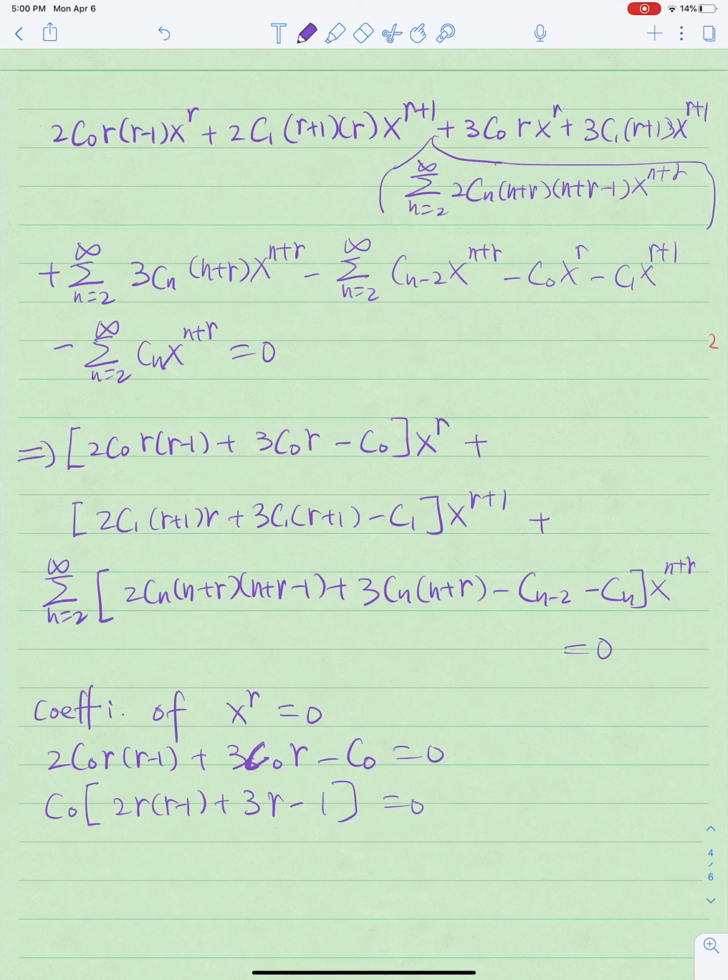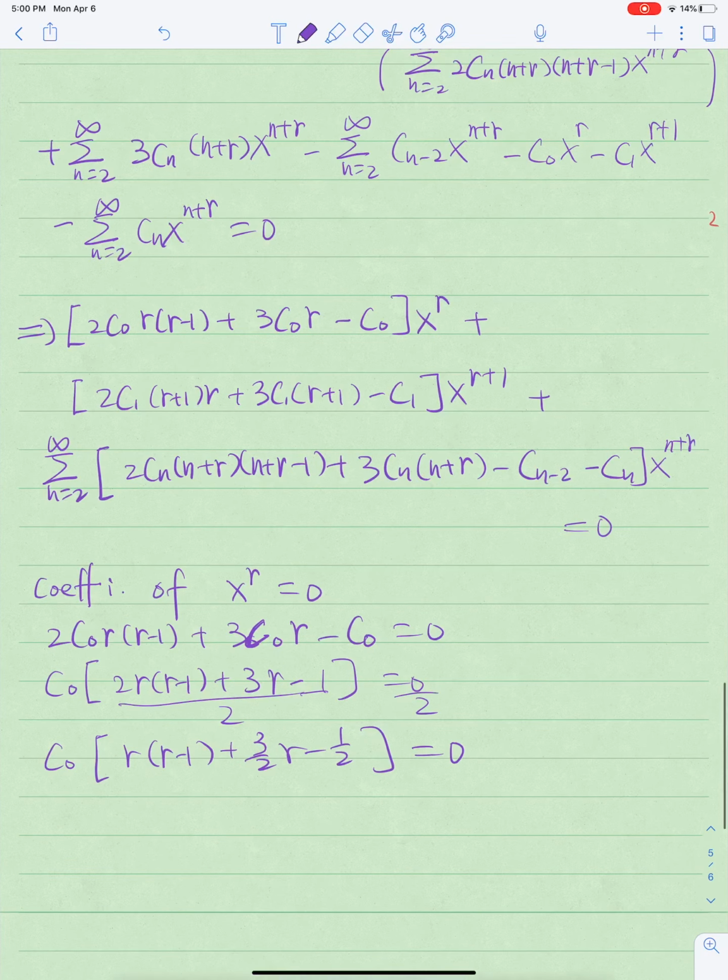And notice if we divide both sides by 2, over here is exactly the equation that we had in terms of R1 and R2.